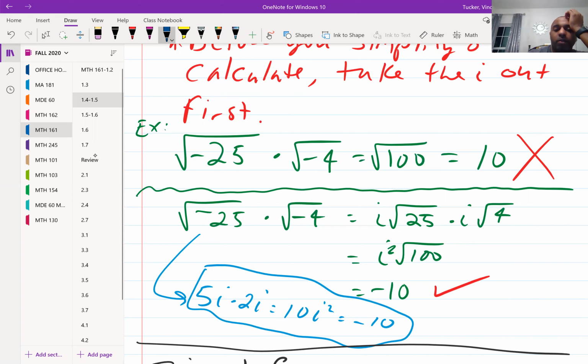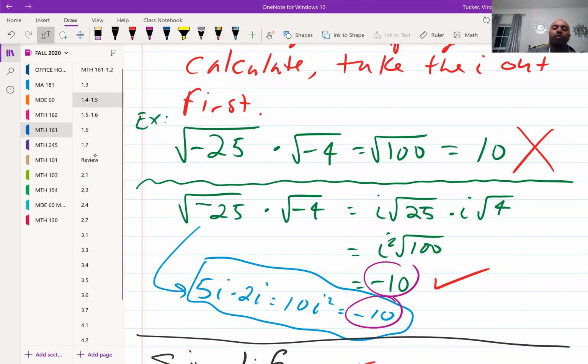Multiply those two together, that gives you 10i squared, which will still give you negative 10. So either way, we'll get negative 10.